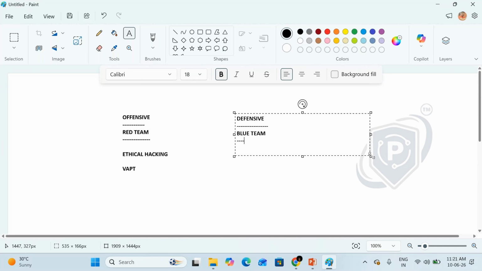You call it SOC, Security Operations Center, or SIEM, Security Information and Event Management.